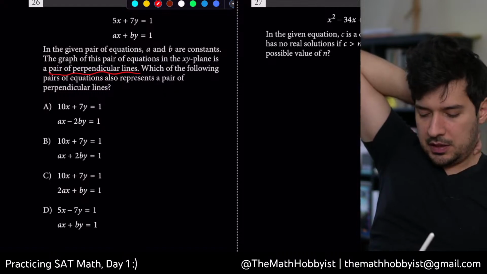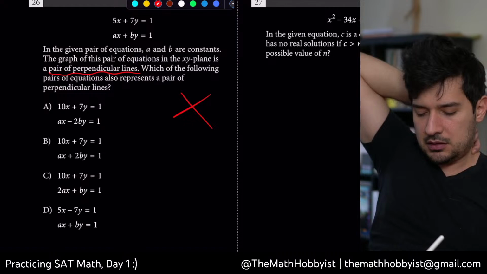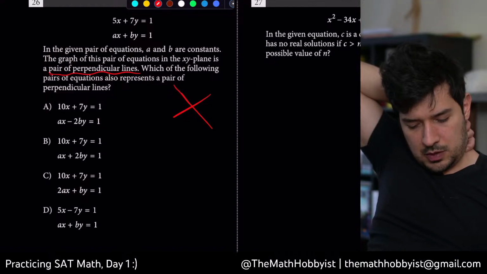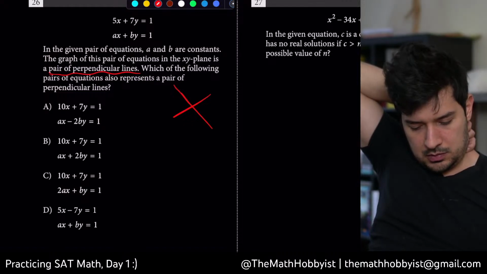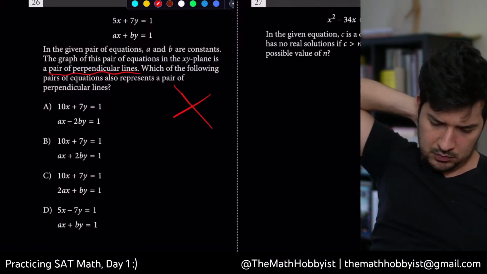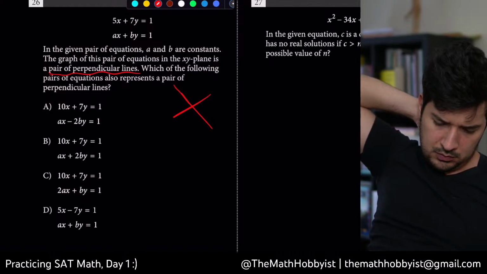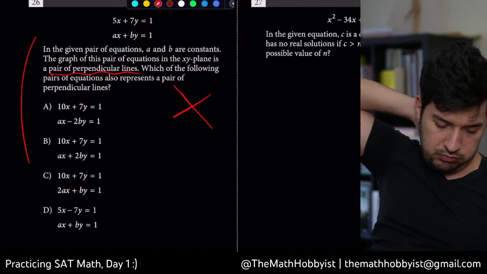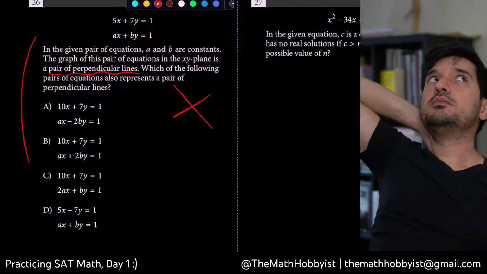Like we need to make sure that we get an equivalent system of equations. Okay, so which system of equations is equivalent? How does this work?